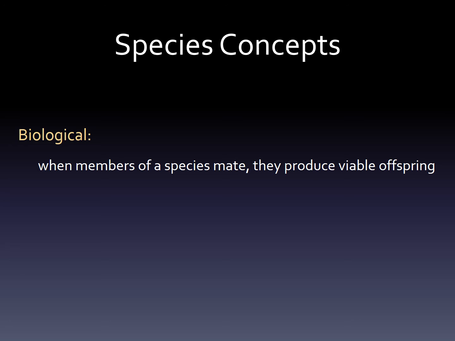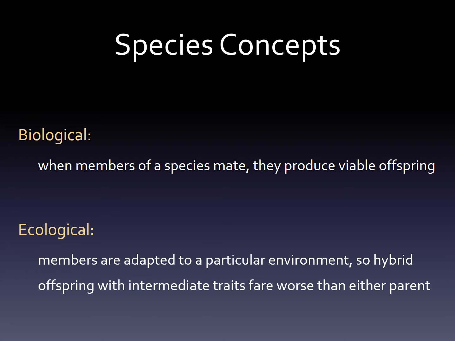And this defines membership in a species where members can mate with each other and produce viable offspring. That contrasts the second species concept, which is the ecological species concept, in which members are adapted to a particular environment so that hybrid offspring that have intermediate traits, they just fare worse than either parent.